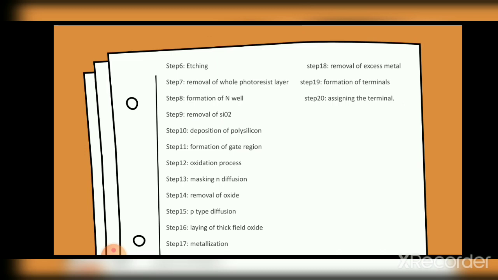Step 9 is removal of SiO2 layer, step 10 is deposition of polysilicon, step 11 is formation of gate region, step 12 is oxidation process, step 13 is masking and diffusion process, step 14 is removal of oxide, step 15 includes p-type diffusion, step 16 is laying of thick field oxide, step 17 is metallization, step 18 is removal of excess metal, step 19 is formation of terminals, and step 20 is assigning the terminals.